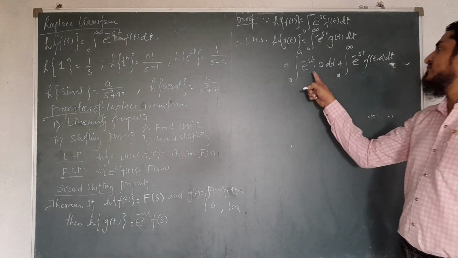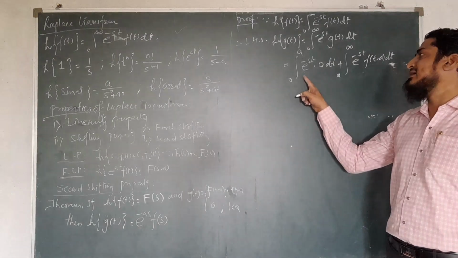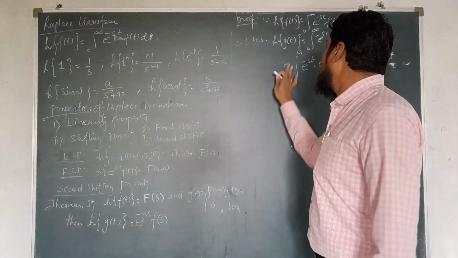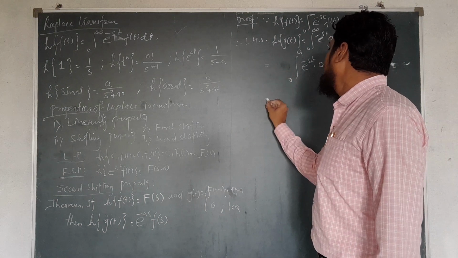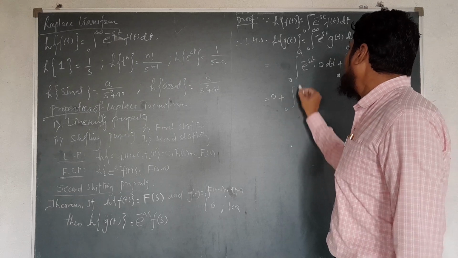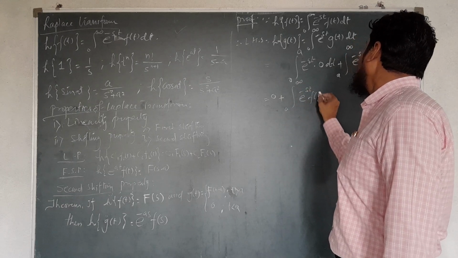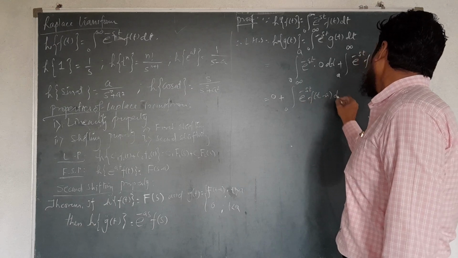Now, since we have 0 here, after multiplying 0 with e raised to minus st it becomes 0, and we will get 0 plus the integration from a to infinity of e raised to minus st f(t minus a) dt.